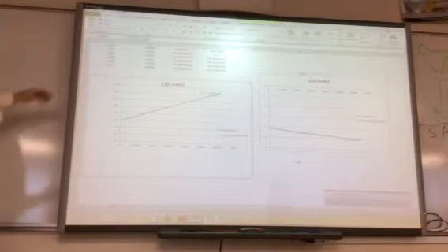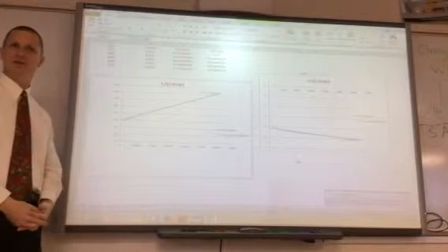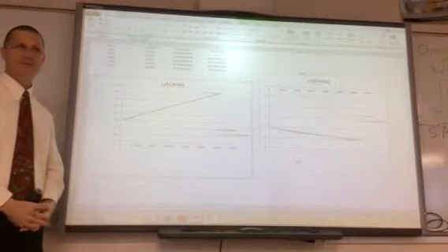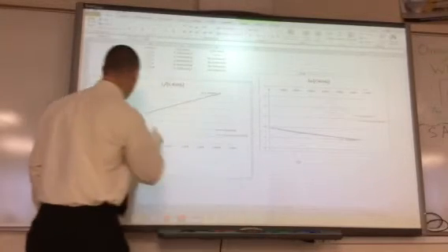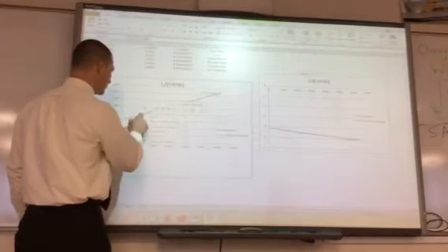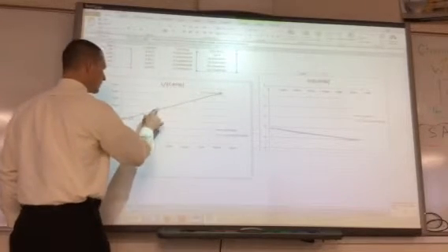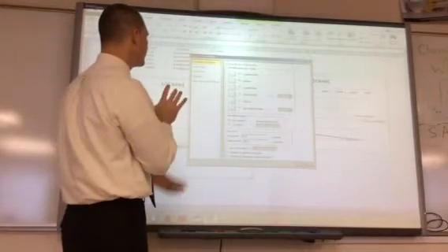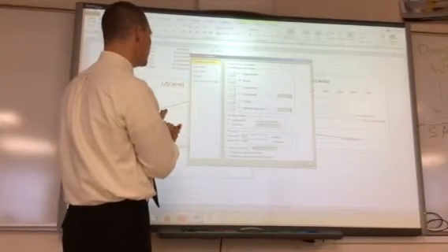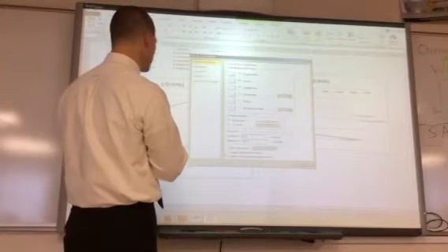The problem didn't give us what the initial concentration was. Could we find the initial concentration? I think we could, because another thing that we can do is show the equation. Did it show the equation before?